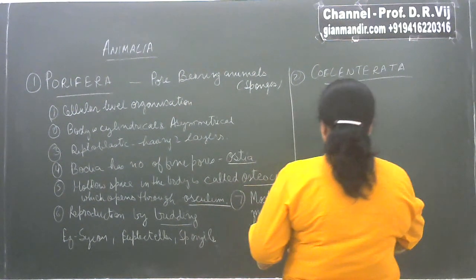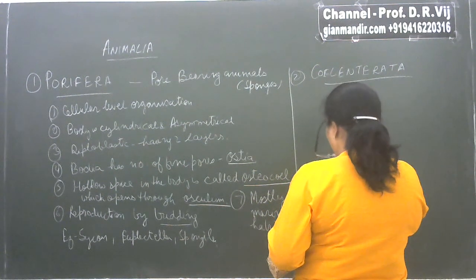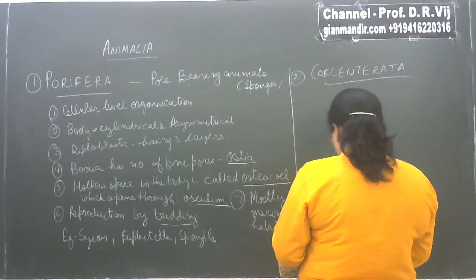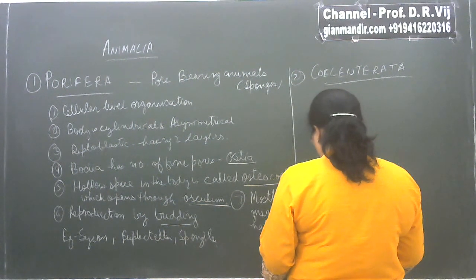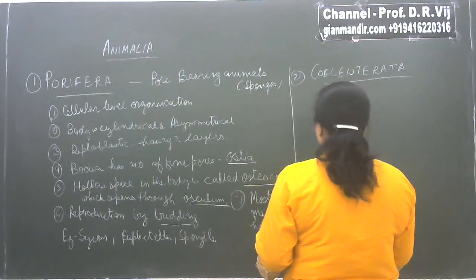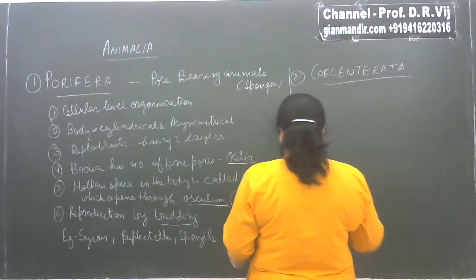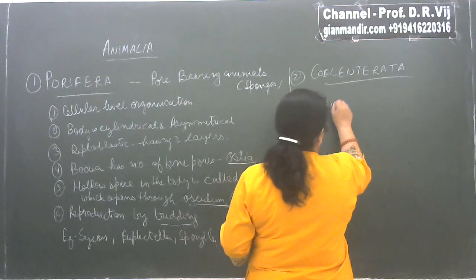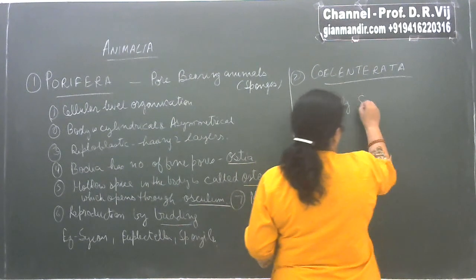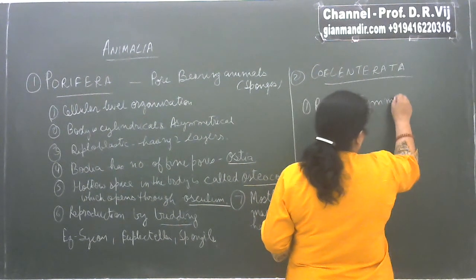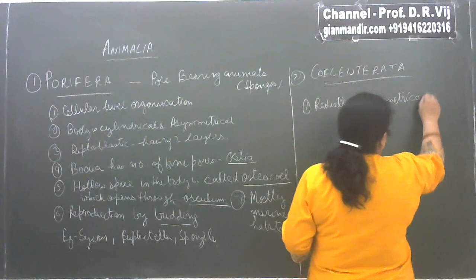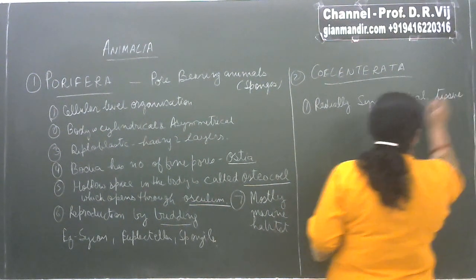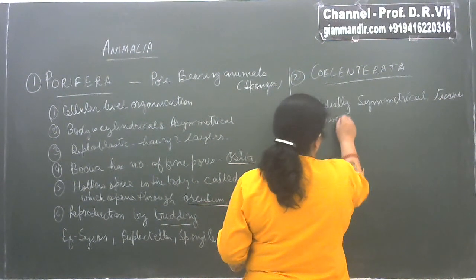If you look at the characteristics of Coelenterata, these animals have some kind of differentiation. So here body differentiation has a start, and if you look at their general characteristics, they are radially symmetrical and have a tissue level of organization.